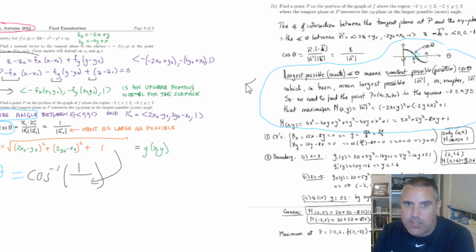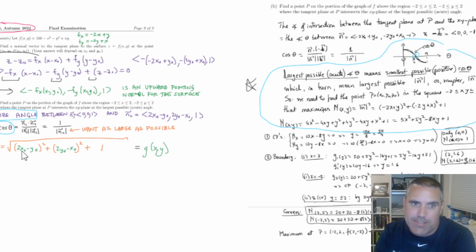So all of this discussion was trying to save us from doing that. And they even did another trick, which is they squared both sides and said that the maximum of this will occur when the inside is maximum.